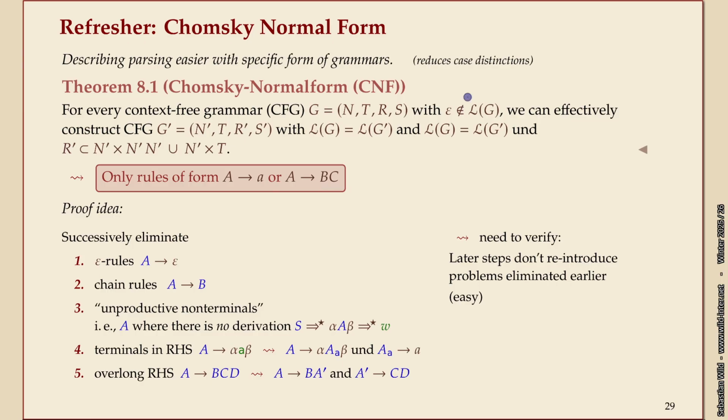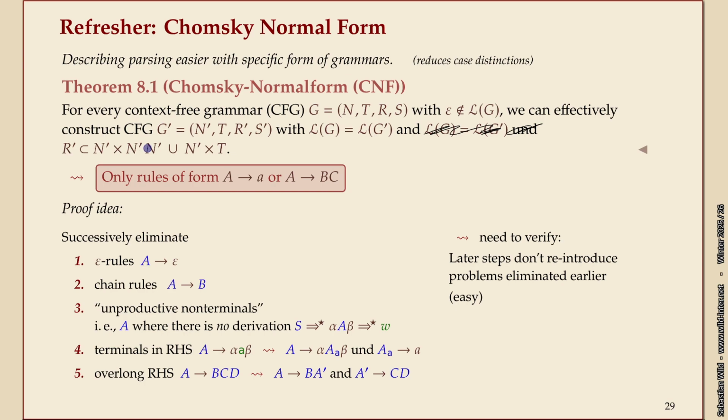For RNA structures, we don't really need empty strings, right? We're not super interested in predicting the most likely structure of nothing. It's not so relevant. So if you're given an arbitrary grammar, you can find another one that has the same language, and the rules are of this particular form.